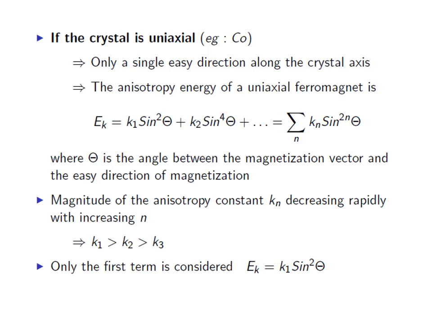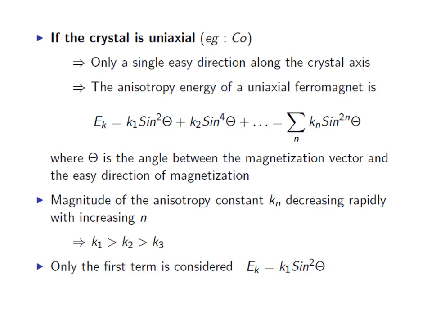The hexagonal materials are uniaxial materials. The anisotropy energy of a uniaxial ferromagnet can be given as the sum of Kn sin^2n theta, where theta is the angle between the magnetization vector and the easy direction of magnetization.